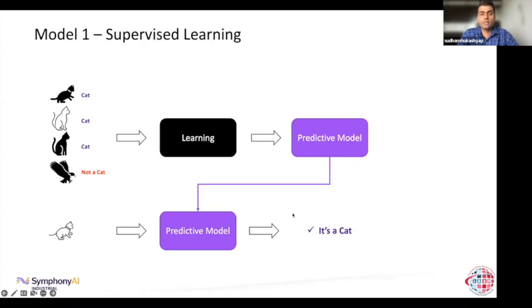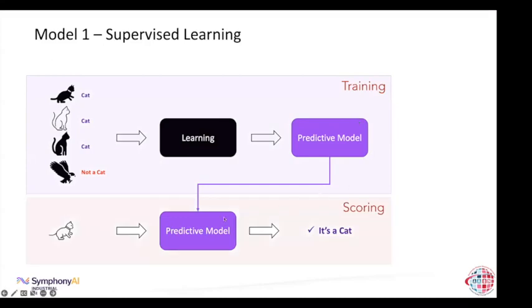So this kind of learning process, where we give labeled data and tell the learning algorithm upfront what is coming into the model, is called supervised learning. There are two parts to it. The first part, where we supply this data for learning purposes, is called training the model.